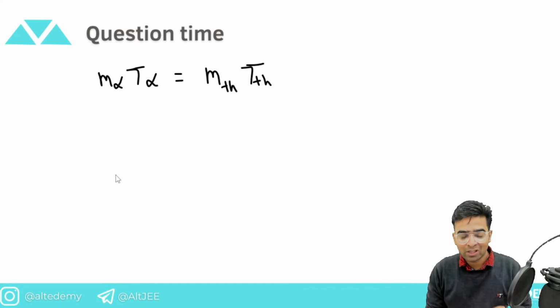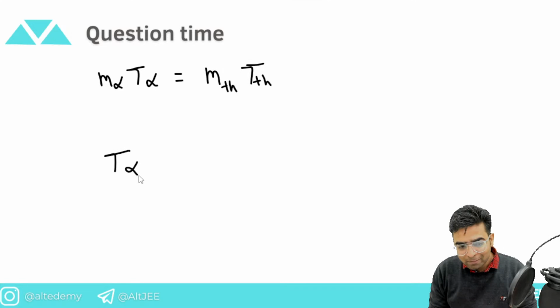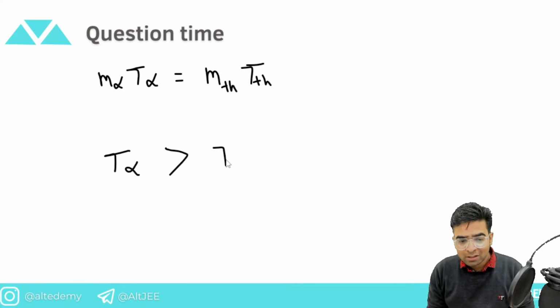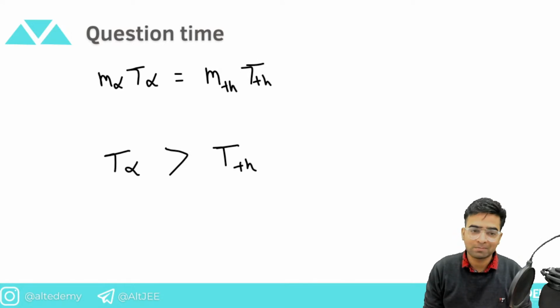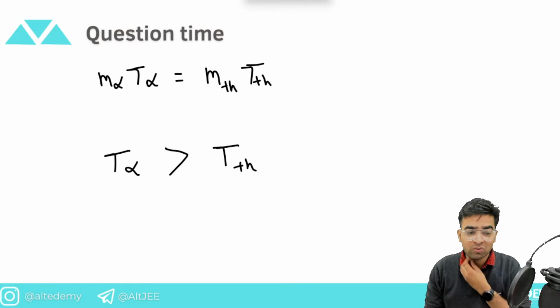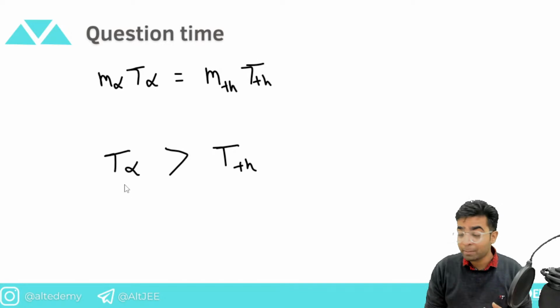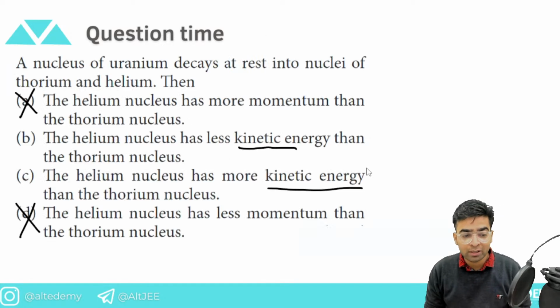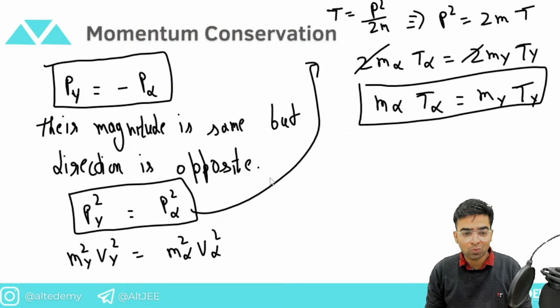As you can see, T alpha, the kinetic energy of the alpha particle, is going to be greater than the kinetic energy of the thorium. So the answer will be C. How?